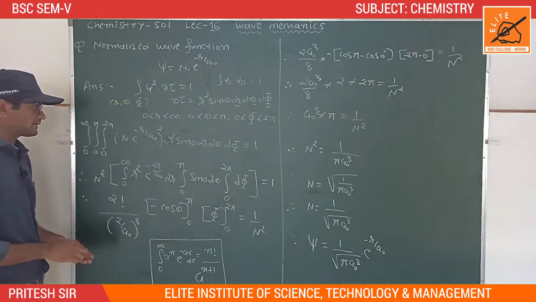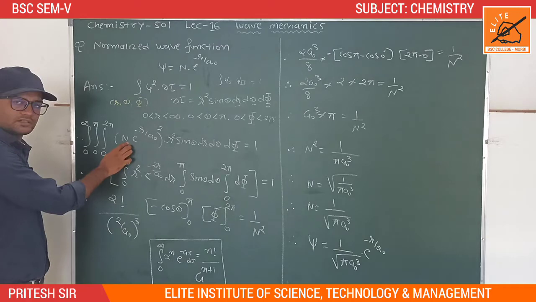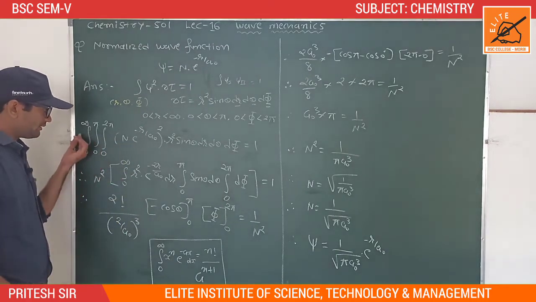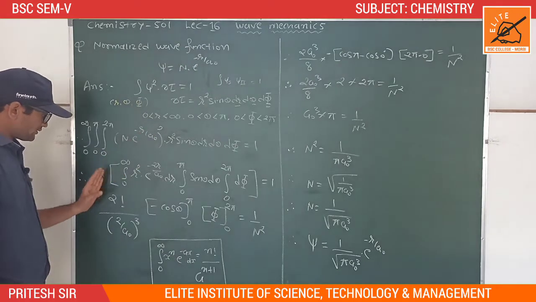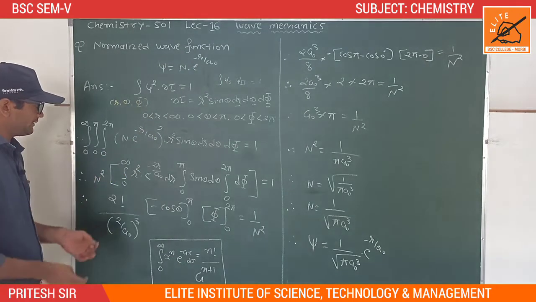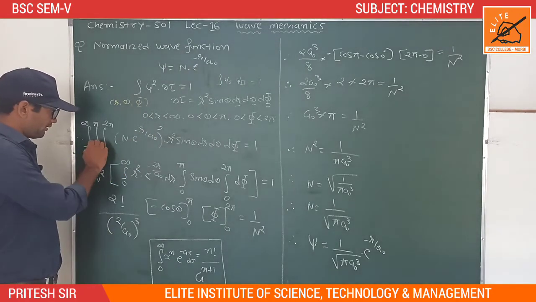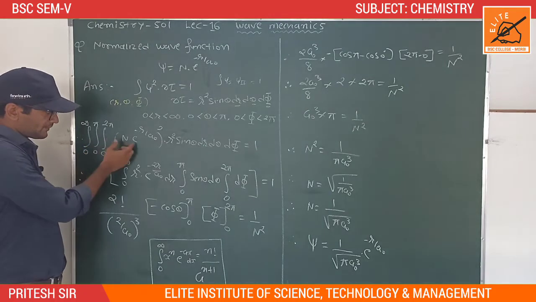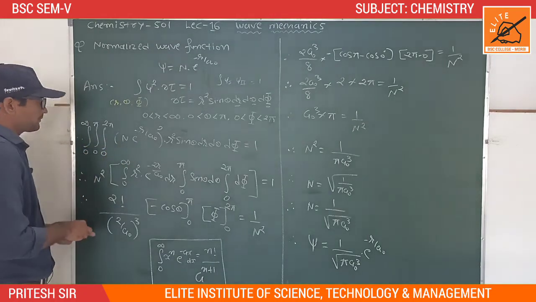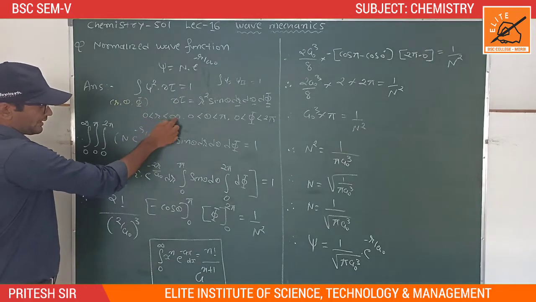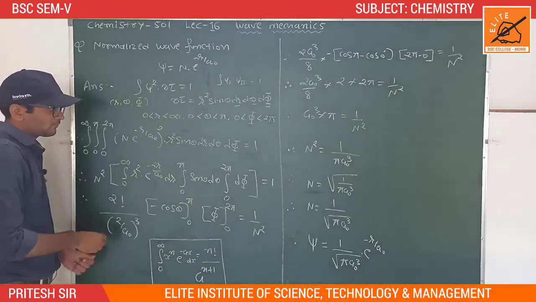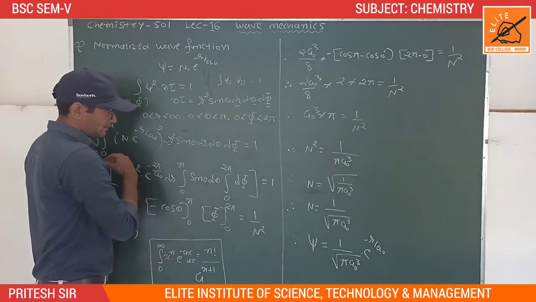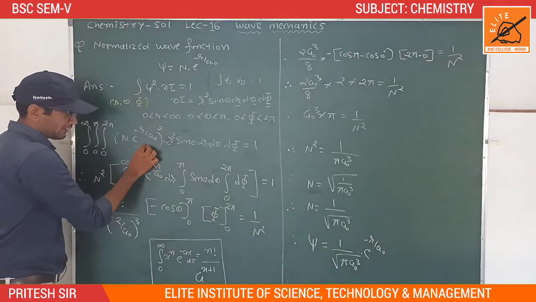Here N is a constant, so N square goes outside of the integration. Now I apply integration on the separate variables. This term contains the r variable, and this term also contains the r variable.